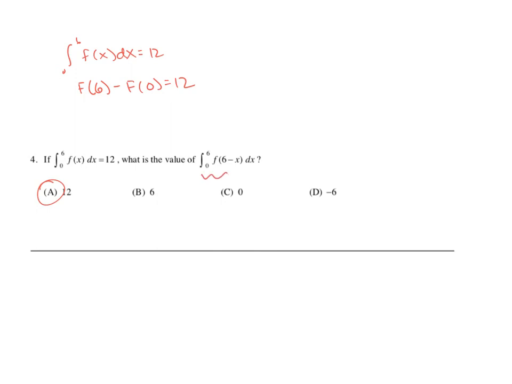Now, unfortunately, with this, we can't evaluate it as directly as we could on the last problem. Because it's a 6 minus x, it's really the negative there that changes the problem.